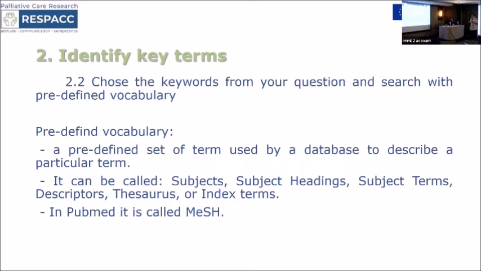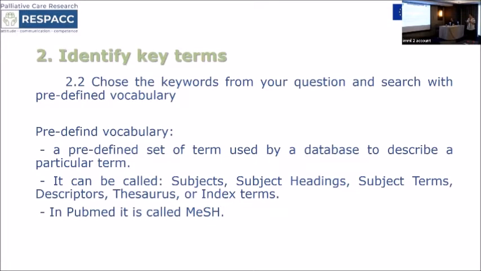In the databases, there are predefined vocabularies which already choose for you the words and all the synonyms. In PubMed, they can be called subject heading, subject term, descriptors, thesaurus, index term, whatever.